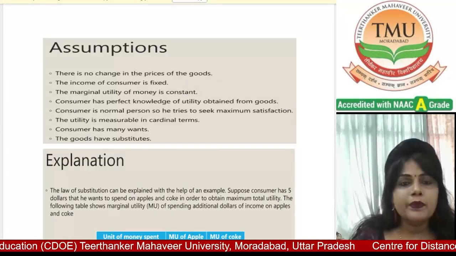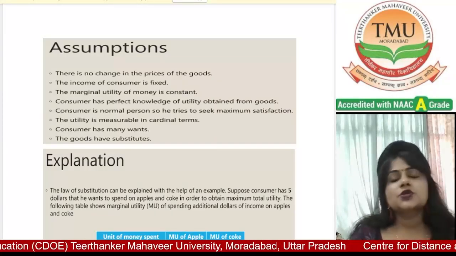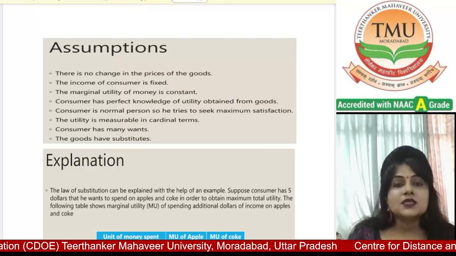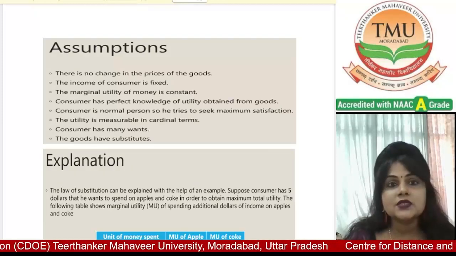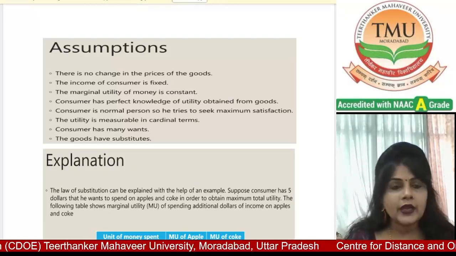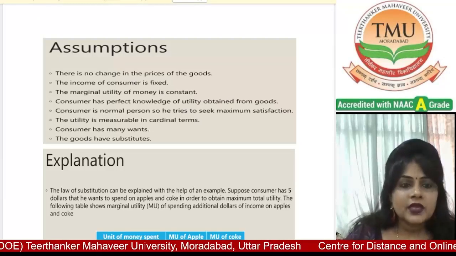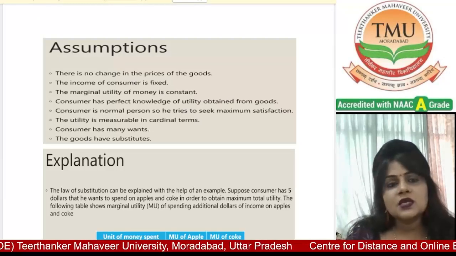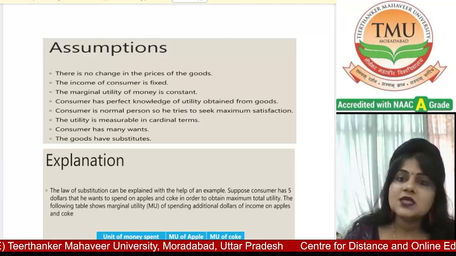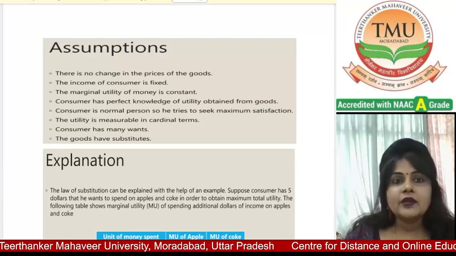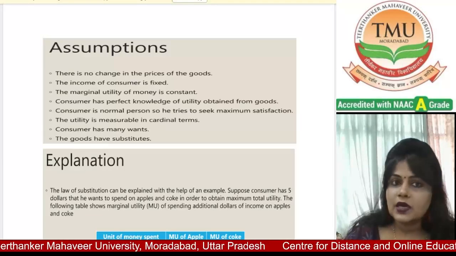No time gap. It means there should be no time gap between the consumption of the different units. And others: tastes, fashions, preferences and priorities remain unchanged.